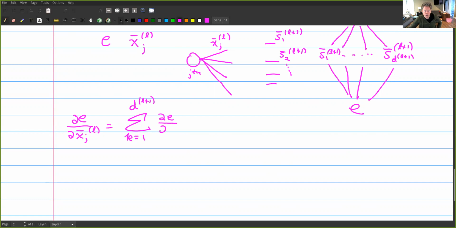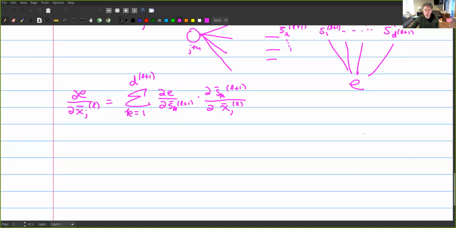So the partial derivative of E with respect to SK L plus 1 times the partial derivative of SK L plus 1 with respect to XJL.